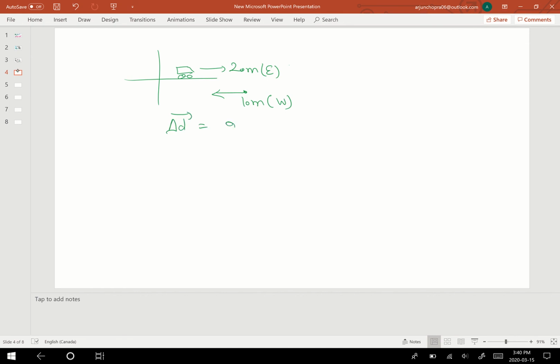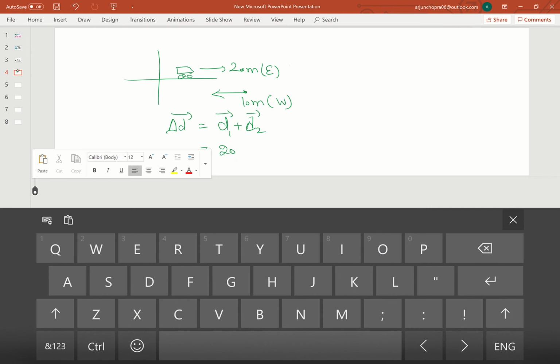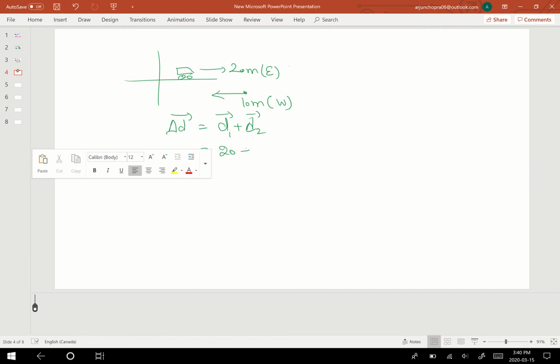You would have said 20 east is positive, so I'm going to keep this sign as positive. I'll write it completely. So delta D equals D1 plus D2, where D1 is 20 meters in the east direction, so I'll keep it positive, plus minus 10, which comes out to be 10 meters towards the east with respect to the original point, so 10 meters east.